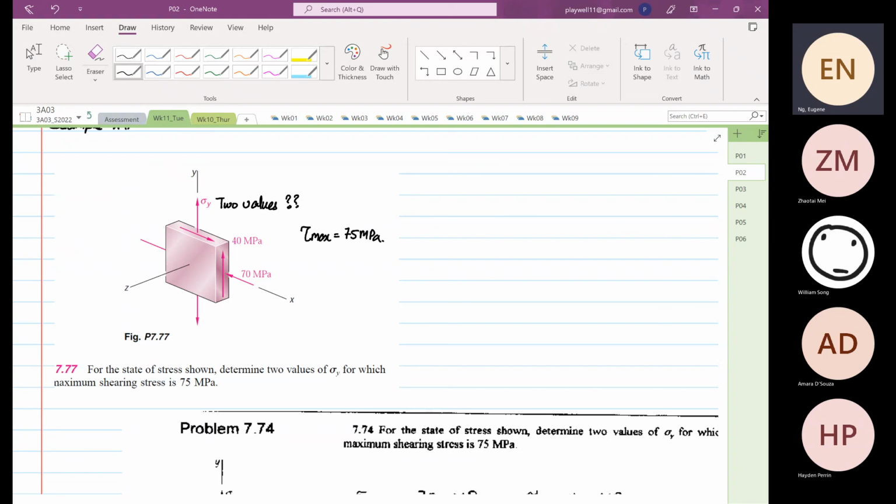For this case, they did not mention whether it should be in plane or out of plane, i.e. either in plane or out of plane, the maximum shear stress can only go up to 75 megapascal.